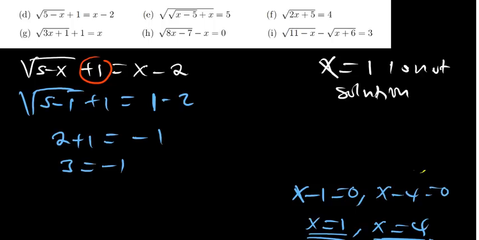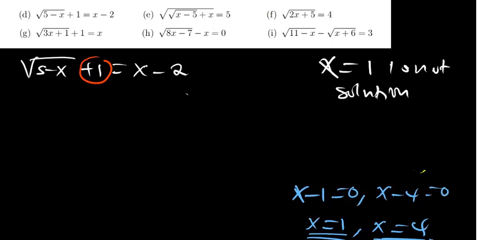Let's try 4. If I put 4 where there is x, am I going to get the same left hand side and right hand side? So in the square root here, 5 minus 4 plus 1 is equal to x. Where there is x, we put 5. It's going to give me 5 minus 2. So here I'm going to have what? 5 minus 1 is going to be 1. The square root of 1 is going to be 1. So it's going to be 1 plus 2. It's going to give me 2.